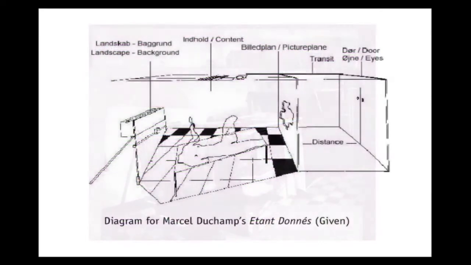And this is how Jean-François Lyotard diagrammatically explained that particular work. So we do have an actual three-dimensional composition, a kind of installation that is supposed to be seen from a strictly defined position.